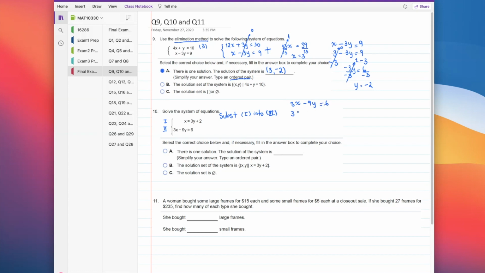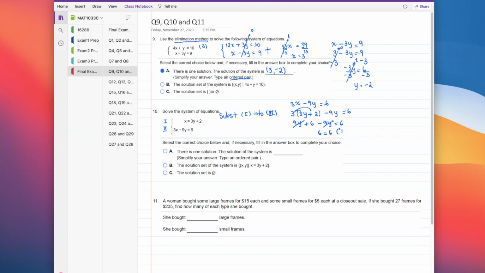Where I see x, I replace by 3y plus 2. I apply the distributive property here. I have 9y plus 6 minus 9y equals 6. Now combine like terms, these two disappear because one is the opposite of the other. Then I have 6 equals 6.